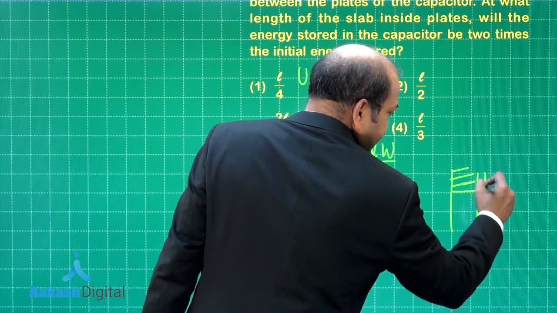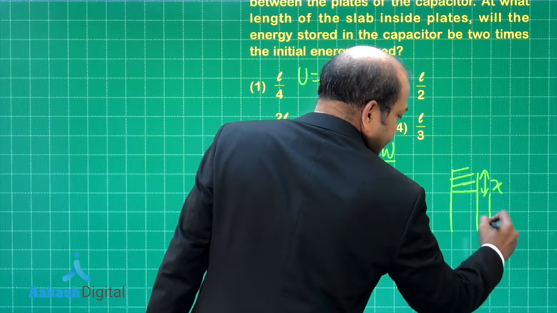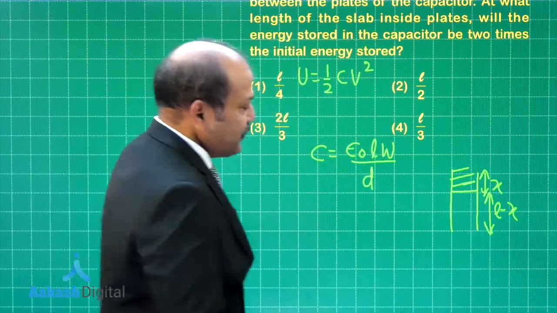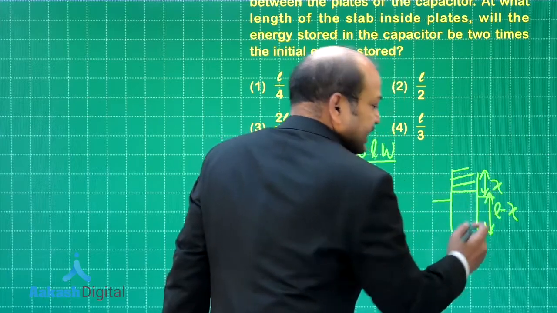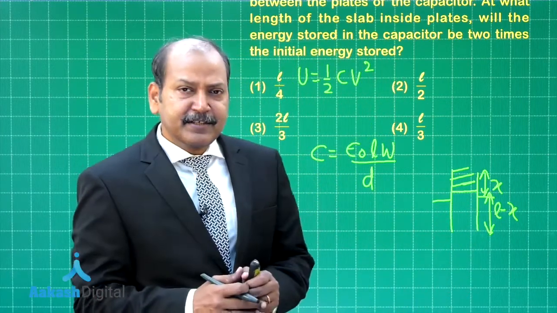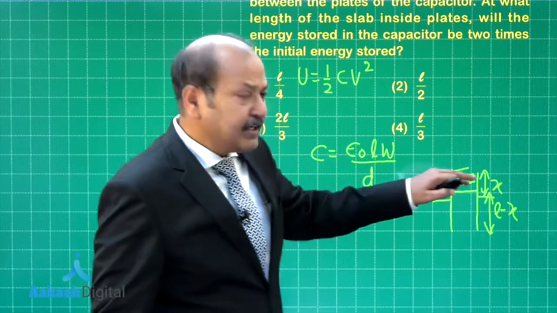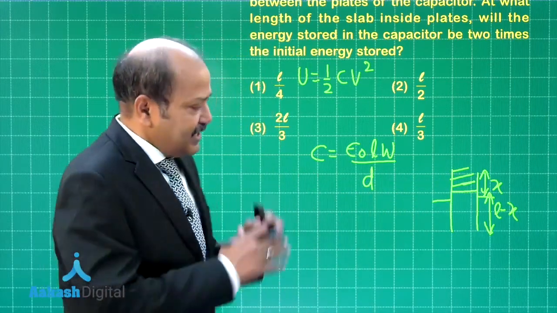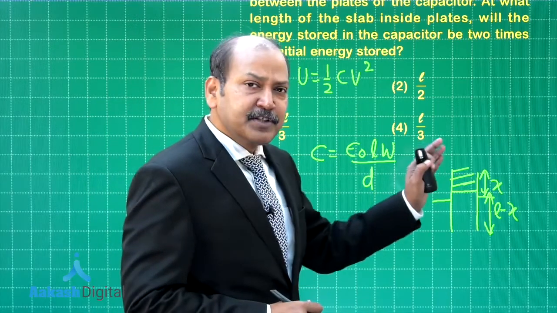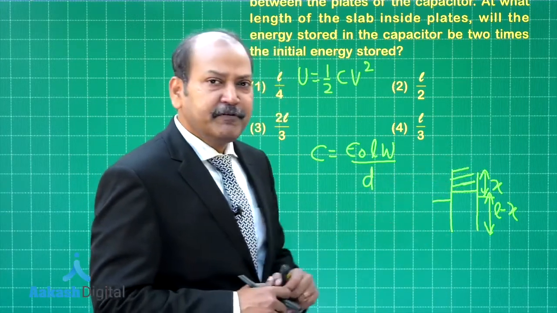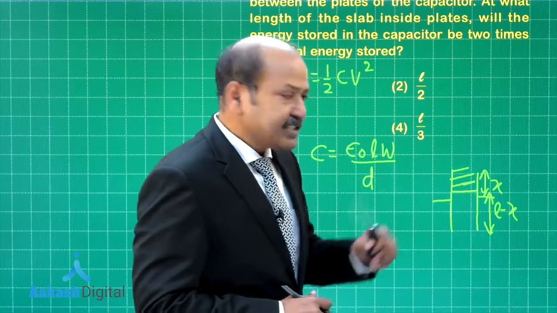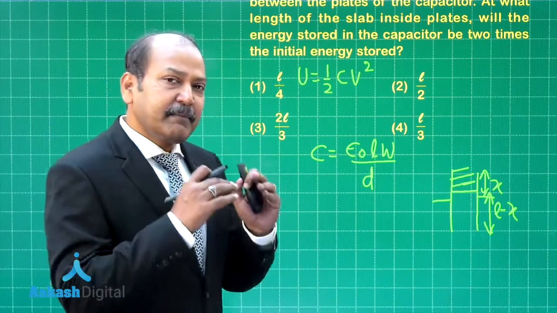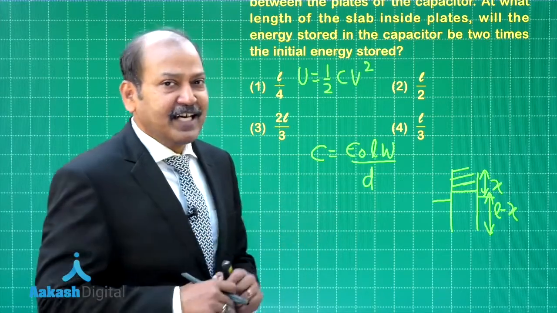So this length is X, this length then becomes L minus X, isn't it? So we can see that the total capacitance is made up of 2 parts, one having dielectric and the other not having the dielectric. The net capacitance becomes C1 plus C2, if I call C1 the capacitance of the part having the dielectric and C2 the capacitance of the part not having the dielectric.